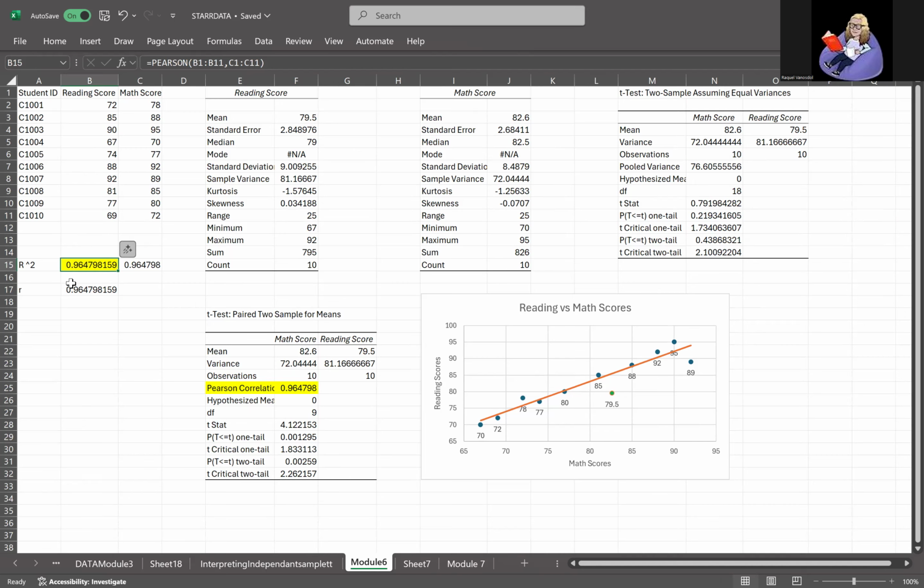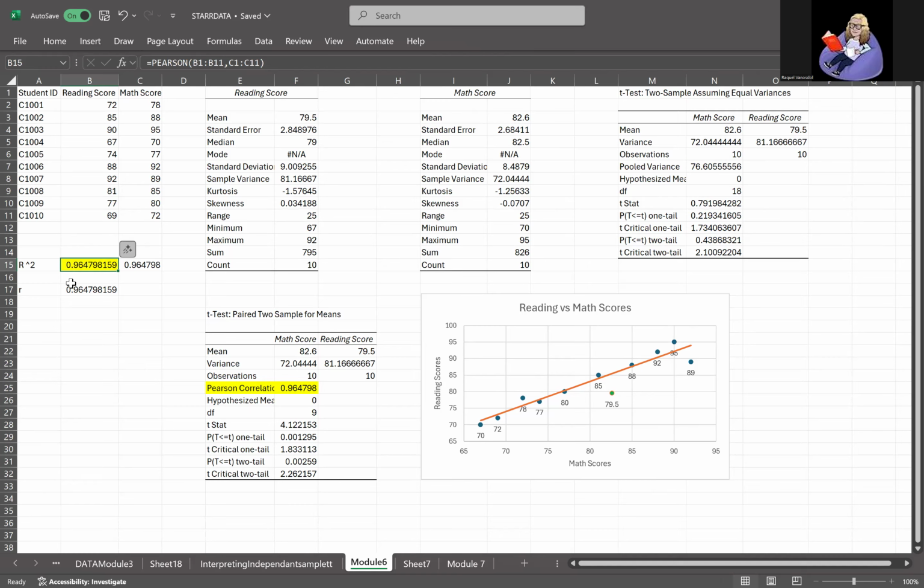So you know that your data has a high correlation the closer it is to 1, either positive or negative. As it moves away from 1, it becomes a weaker correlation.